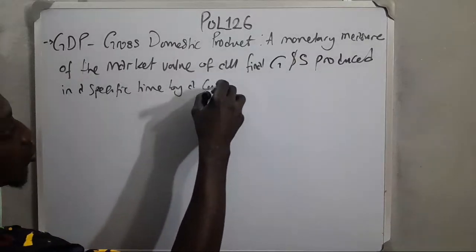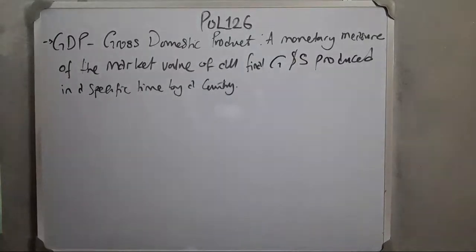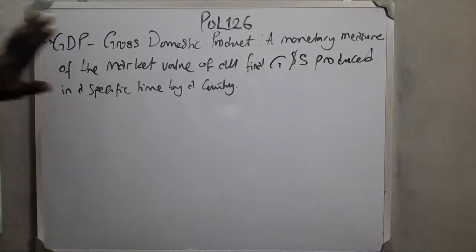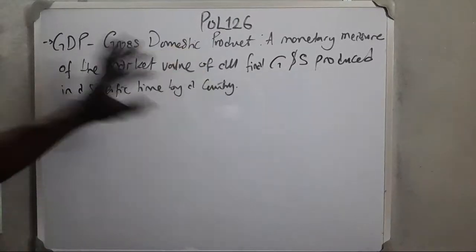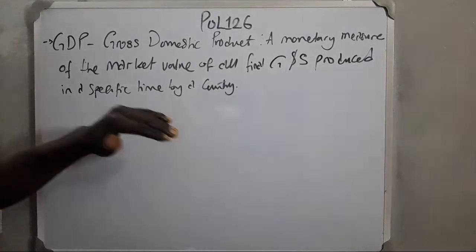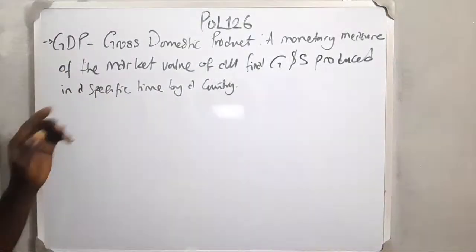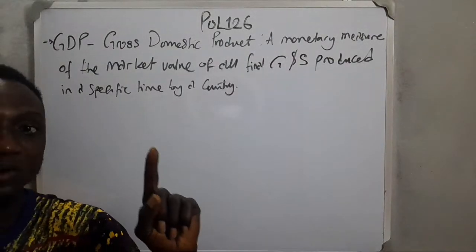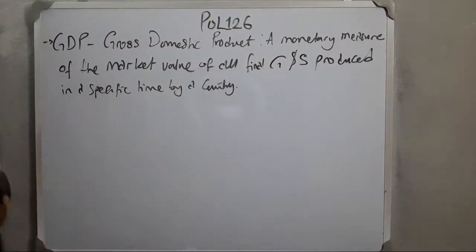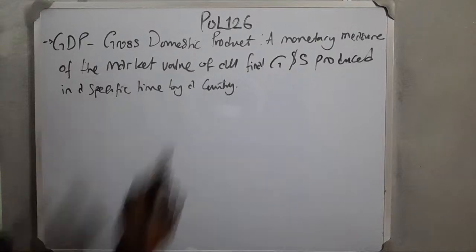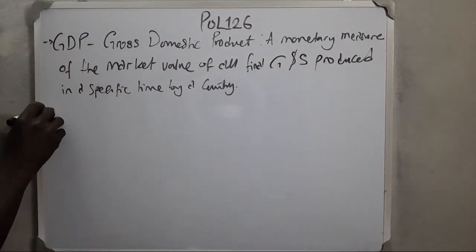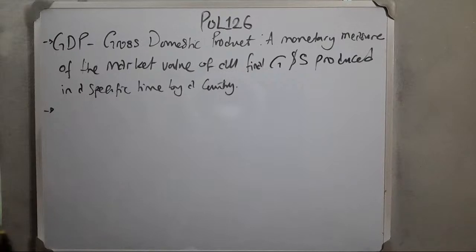It's time bound, by a country or countries. So basically, GDP takes into consideration the final goods and services produced in a specific time, by a given country. All goods that have gotten to the final stage of production are what count in GDP.